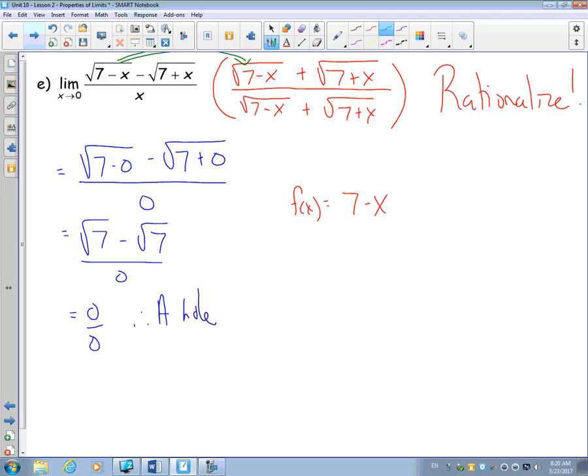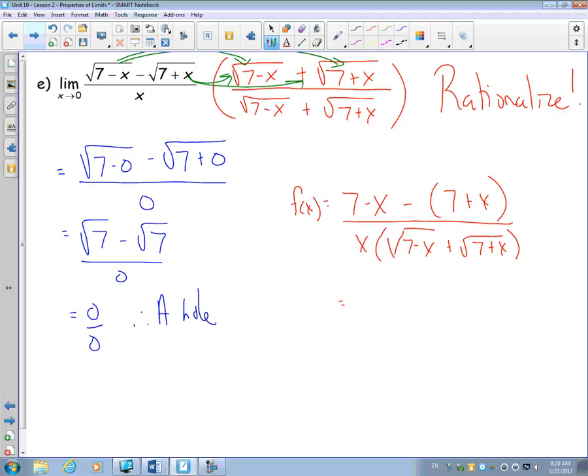When we do the outside part, this times this, and this times this, those two things end up with the same terms but opposite signs, so they cancel out. And then when we do the last piece, we're going to end up with a negative 7 plus x. On the bottom, we have our x times root 7 minus x plus root 7 plus x.